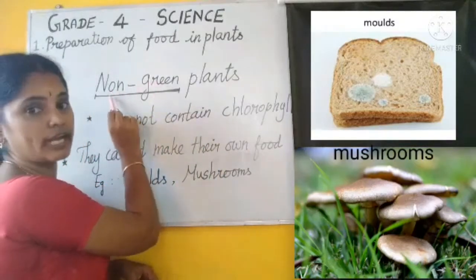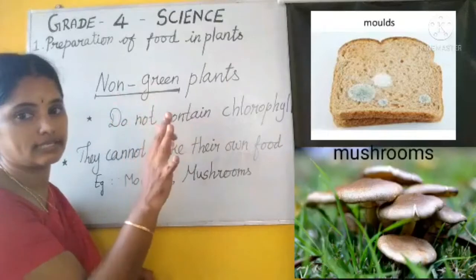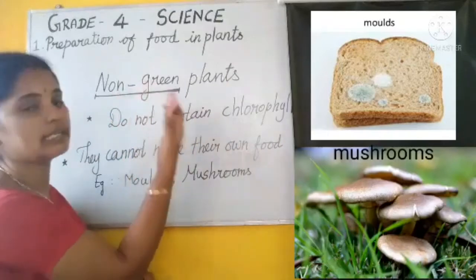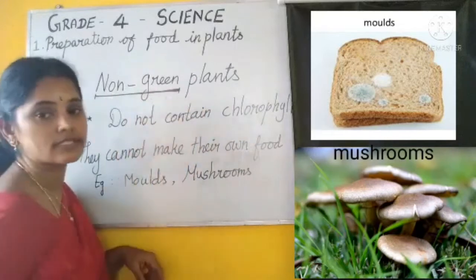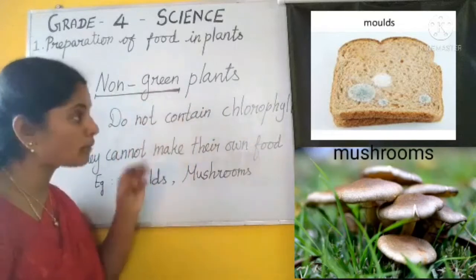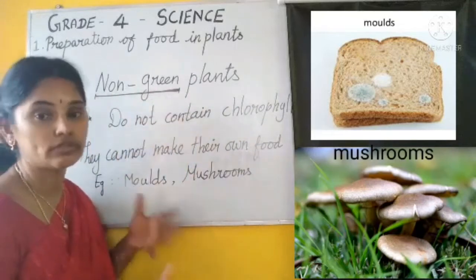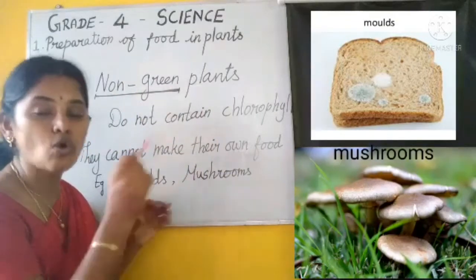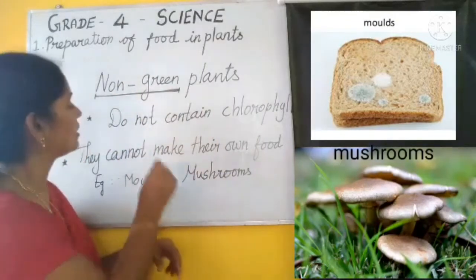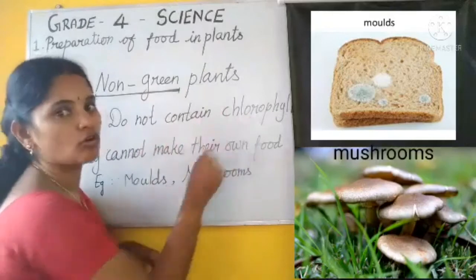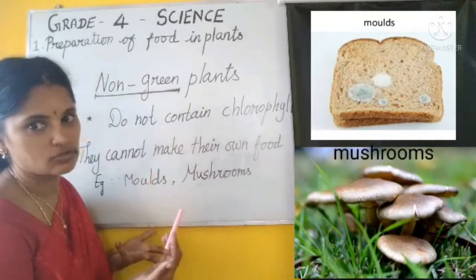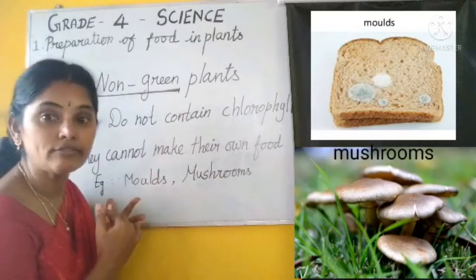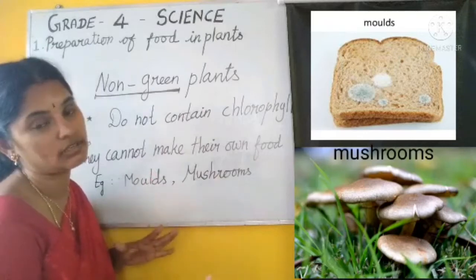Non-green, N-O-N, means no green color. So non-green plants, very minute plants, are also there. Those plants do not contain chlorophyll.